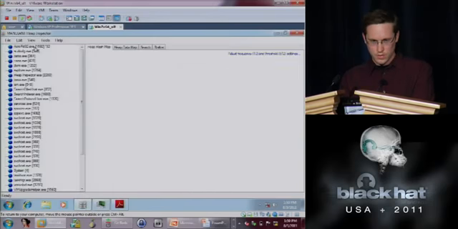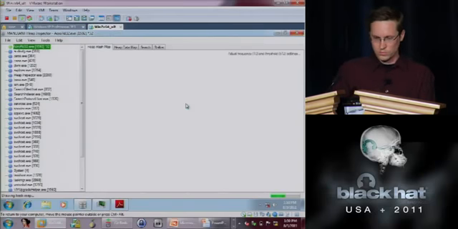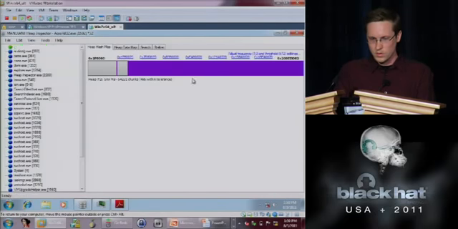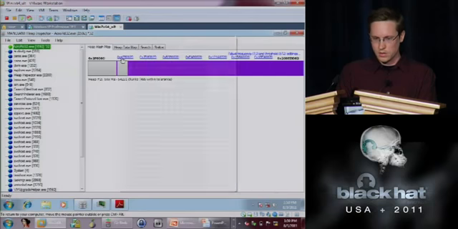But if we click on the process, you mouse over, you can see the NOP sled.